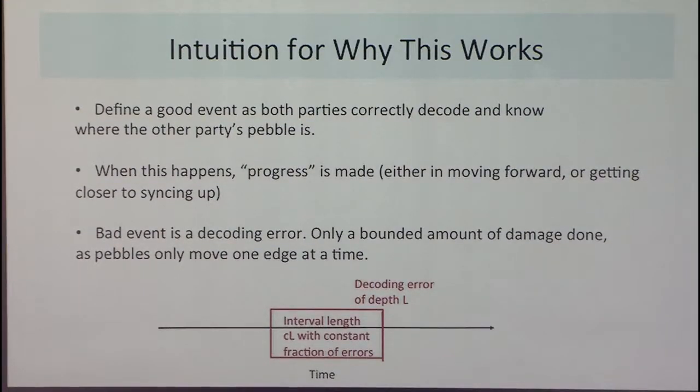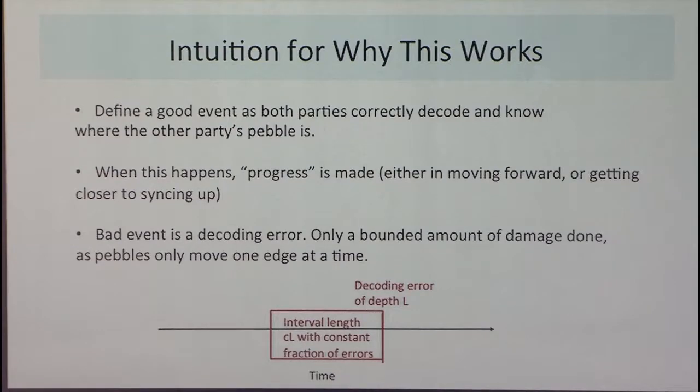So if I have a decoding error of depth L, so L is how far away I am from the common ancestor, then I can look behind me and there's an interval of time of length a constant times L that has a constant fraction of errors.